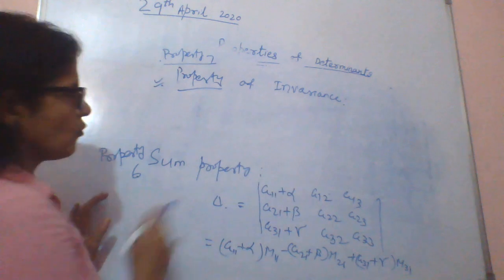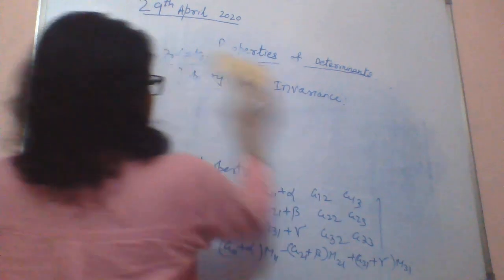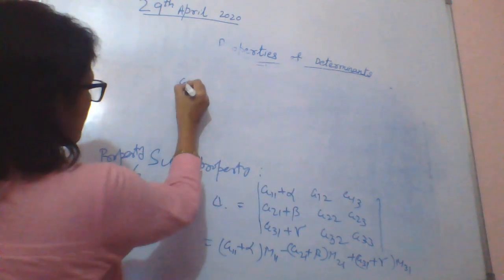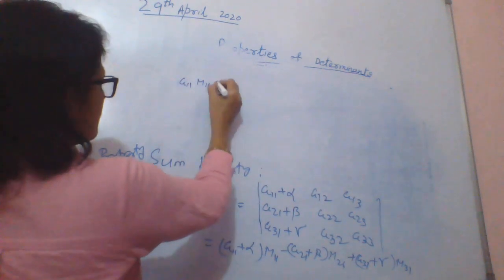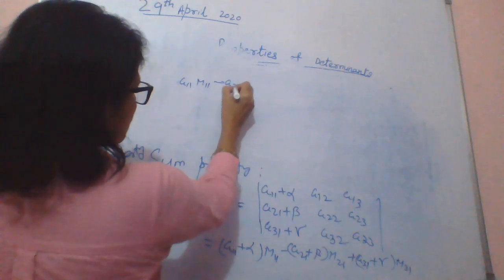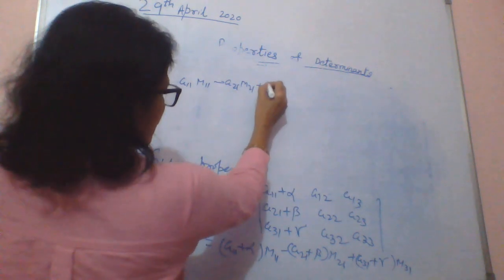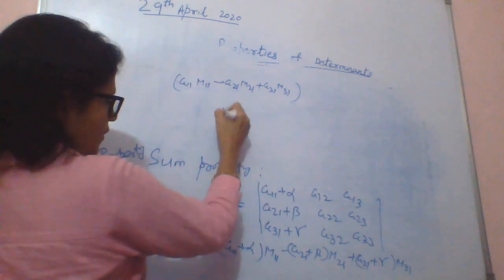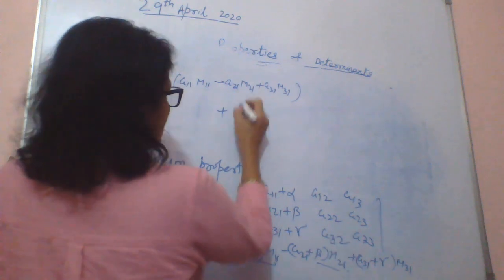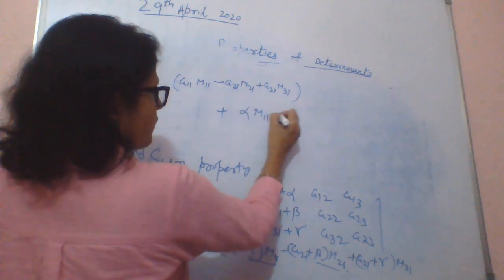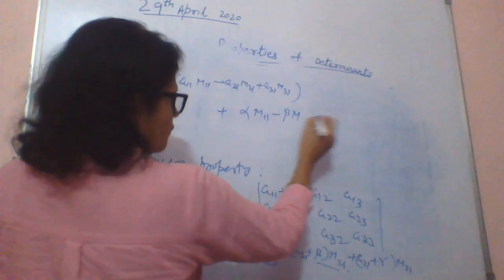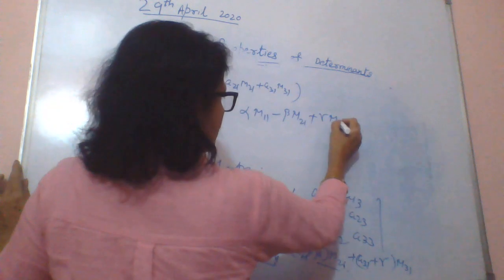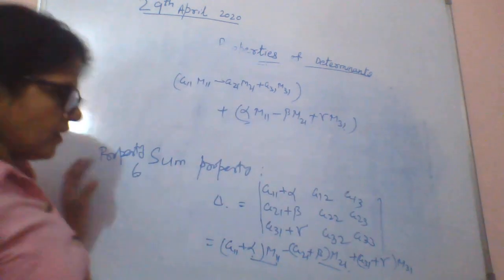Okay, now if I open this, so this is a11 M11 minus a21 M21 plus a31 into M31, okay, plus alpha into M11 minus beta into M21 plus gamma into M31. Okay, so it is the same as the sum of two determinants.